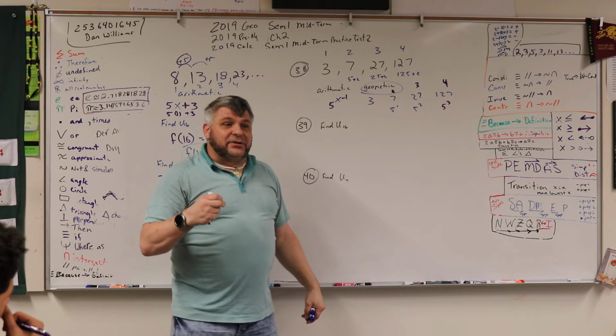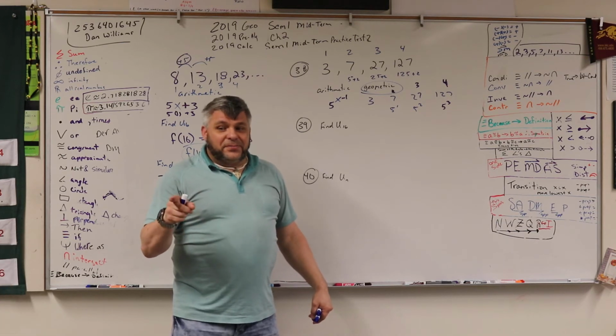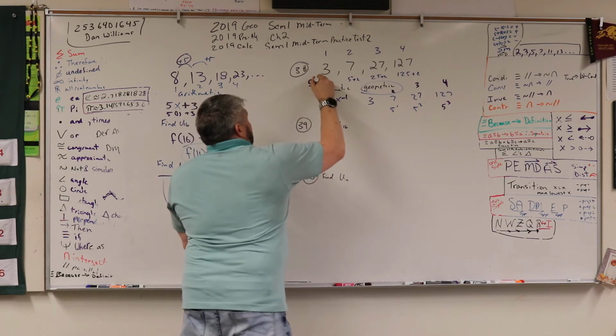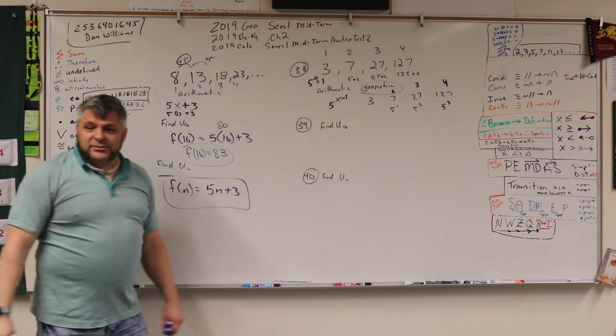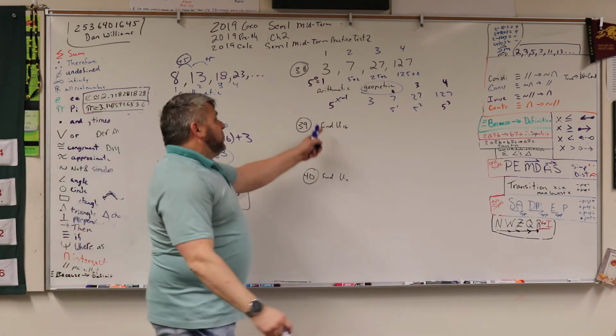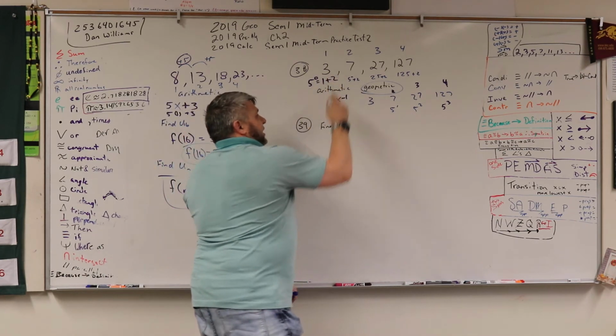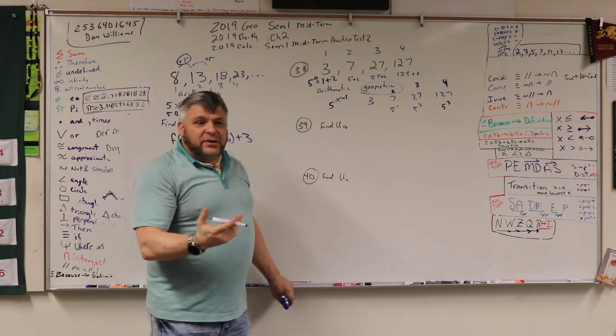What's 5 to the 0? 1. So 1 plus 2 is 3. See how that works?